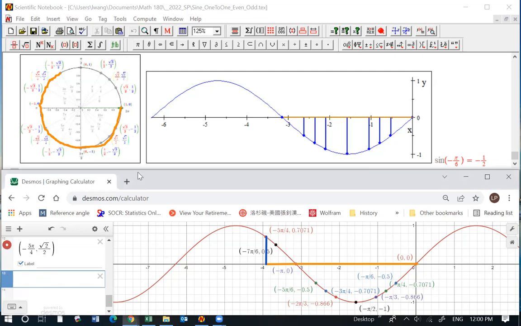Yep, you guessed it. So this is negative 4π/3, comma, positive square root, √3/2.